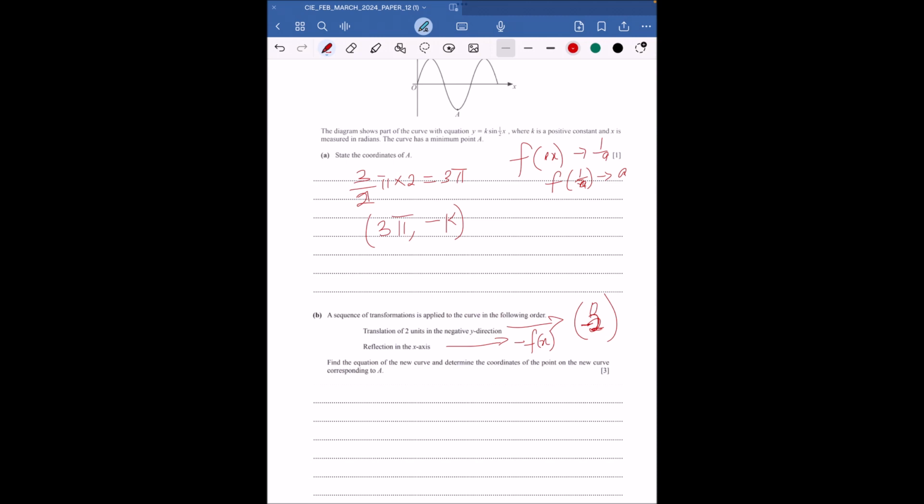Now they say find the equation of the new curve. The original curve is y equals k sine half x. Let me apply this transformation first. The first transformation, let me call it y1, should be k sine half x minus 2.